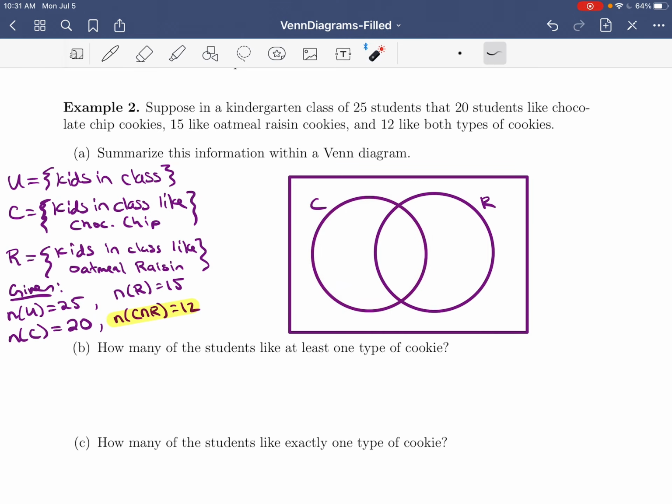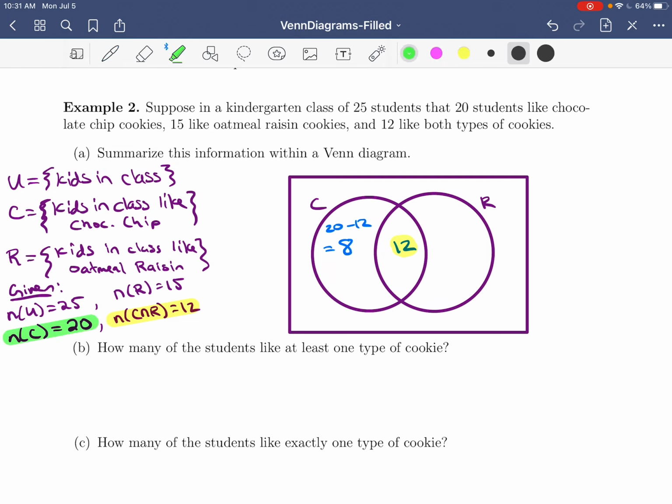So I can put the 12. I know there's 12 students in the middle, because of that yellow thing. Now I know that the C circle has to add to 20, so the remaining space has to be 20 minus 12, or 8 students.